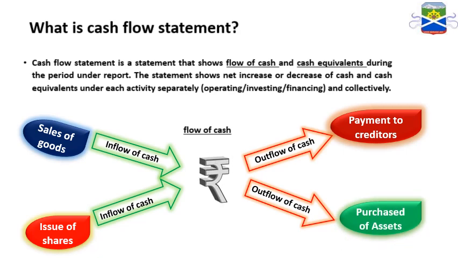So similarly, there are different activities through which an organization has either an inflow of cash or outflow of cash, and taking the net of inflow and outflow of cash under three different activities together, we come to know the net increase or decrease in cash or cash equivalent during a particular period.